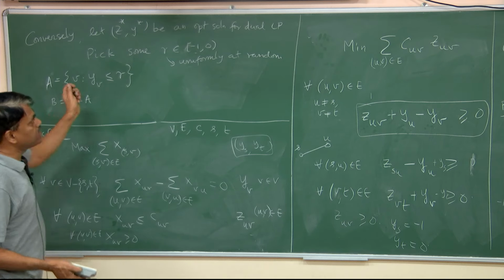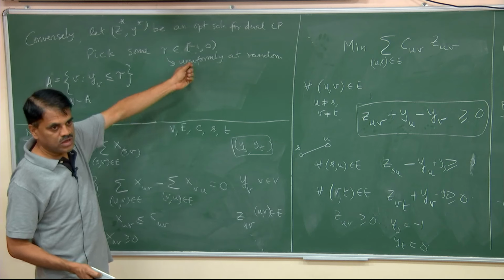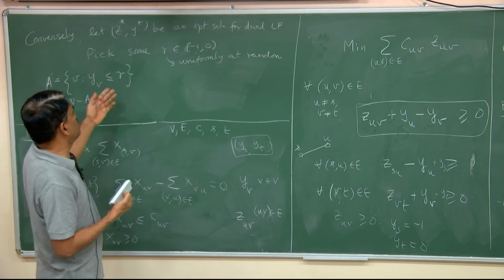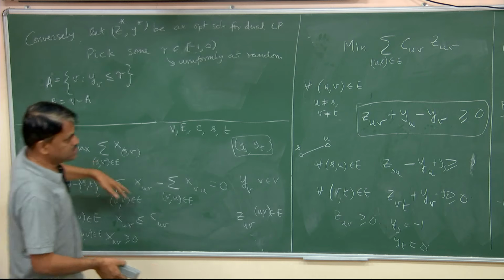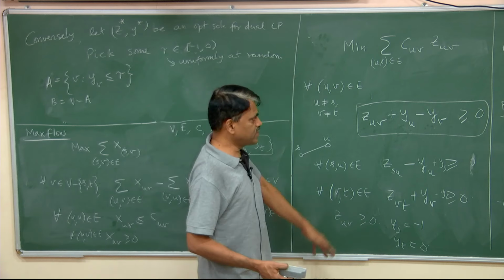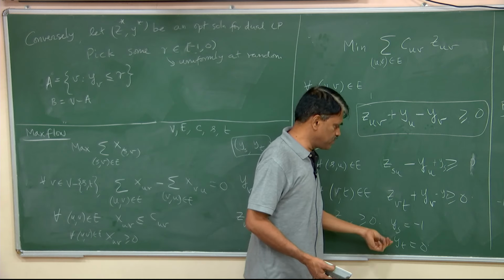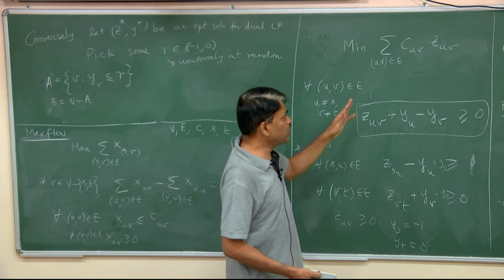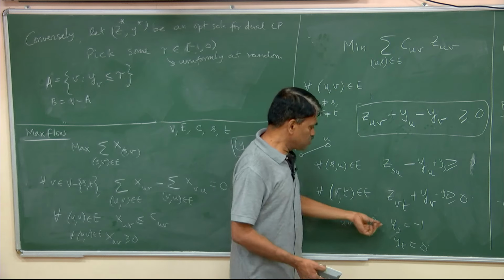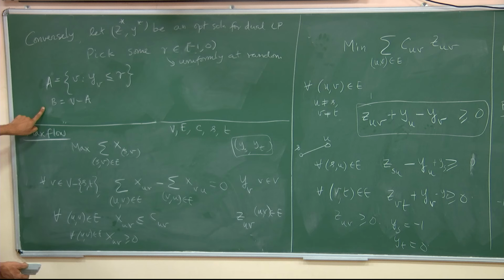You pick a random value in this half-closed interval -1, 0, and anything which is less than or equal to that value, I'm going to put it in A and the remaining in B. So in particular, you solve this LP and you get your y, z values, but this LP sets yS to be -1, yT equal to 0, and other y's and z's it can set whatever way you want to minimize this objective function. So S would be definitely in A and T would be in B, so it's an ST cut.